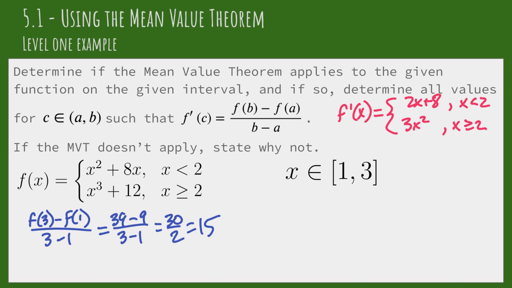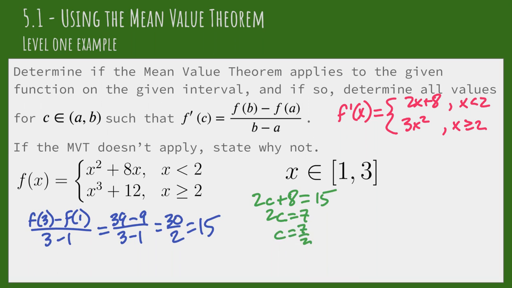The tricky thing here is I actually have to do this with both of them because I could get a value for c from either branch. I know I have to get one from at least one of them, but I could get one from both. So I'm going to do this two different ways here. I'm going to say 2c plus 8 is equal to 15. That's going to give us 2c equals 7 and c equals 7 halves.